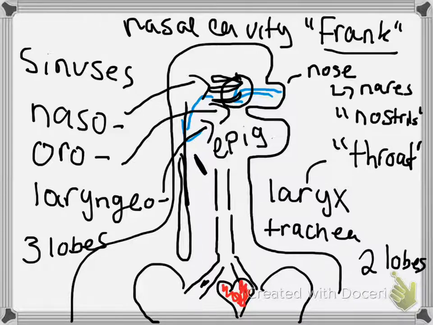So after we branch from the main branch, we have the secondary and tertiary and maybe quaternary bronchi, which lead to the thin bronchioles, and which eventually branch off into these grape-like structures called the alveoli.